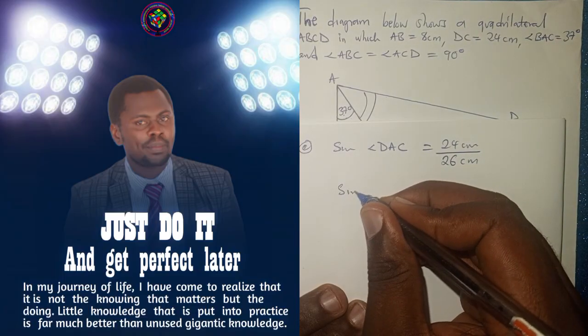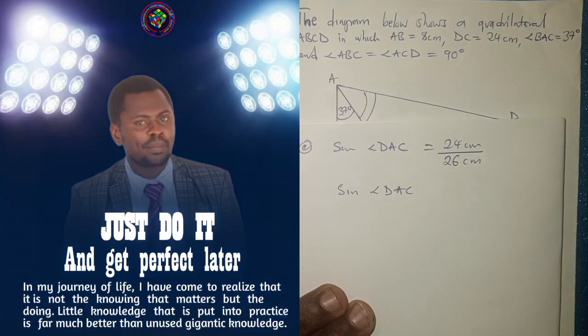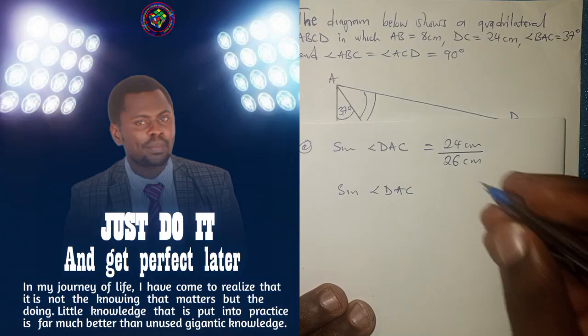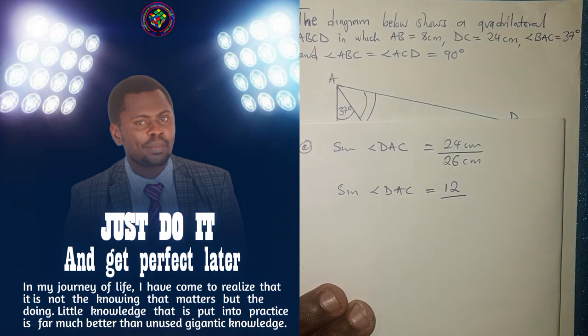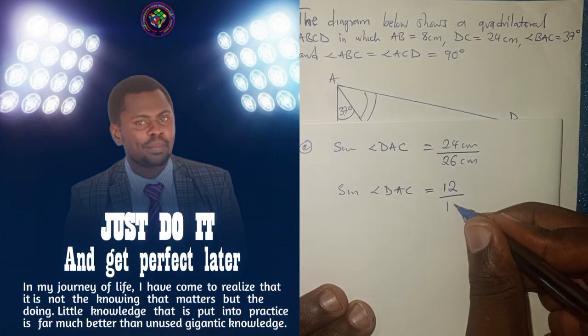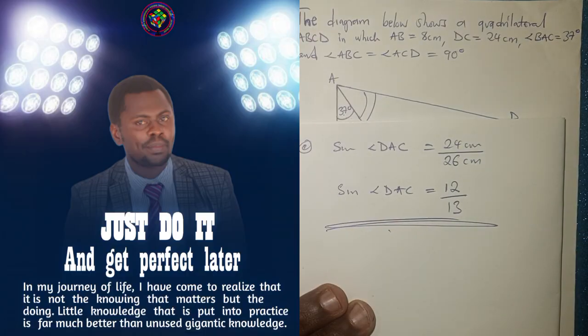First you cancel out the units. So we have 24 over 26. What is the highest common factor for 24 and 26? Yes, 2. 2 in 24, you get 12. And 2 in 26, you get 13. So sine of angle DAC is equal to 12 over 13.